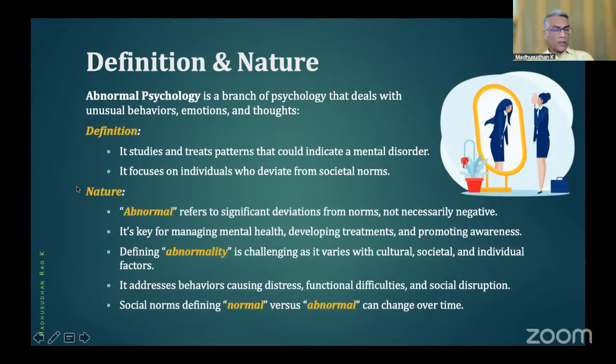Then, the nature of psychology and other things. So, abnormal refers to significant deviation from norms. Norm is nothing but the set of rules followed by that particular society or culture or country or state or ethnic group.